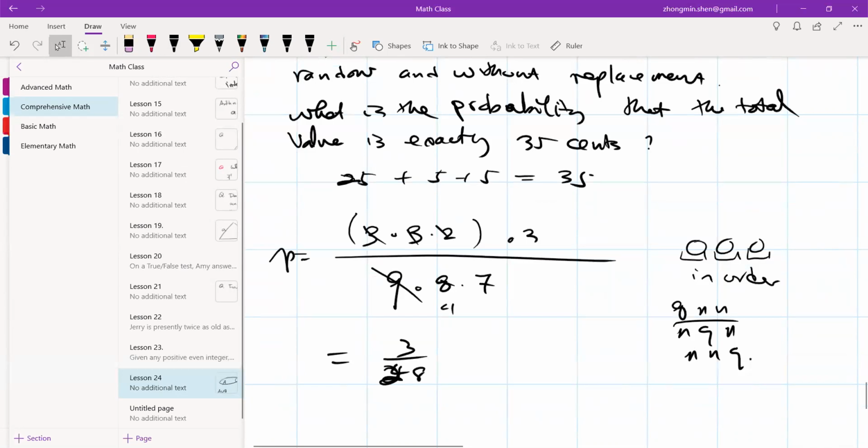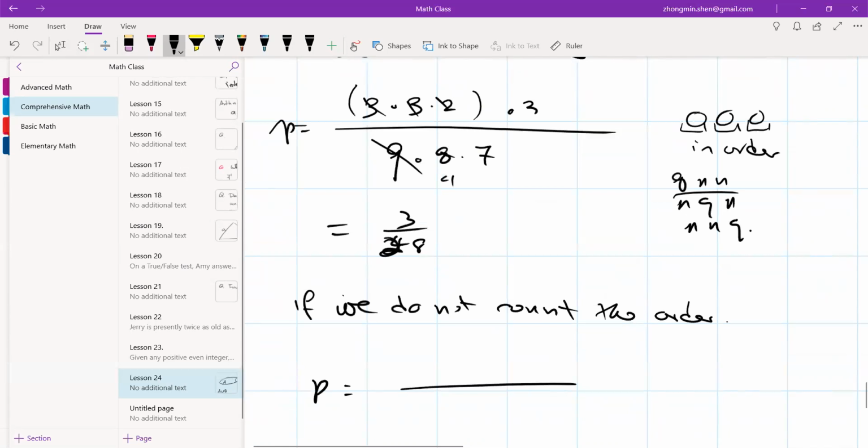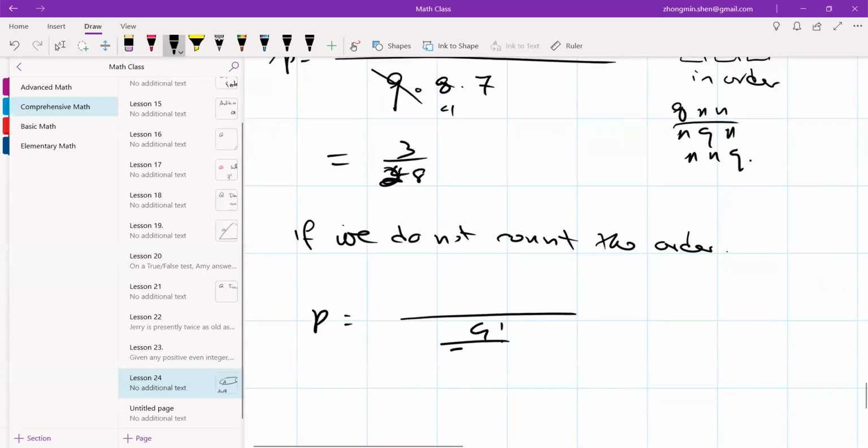If we do not count on the order, then the denominator will be you just select 3 out of 9. So 9 factorial over 3 factorial times 6 factorial.